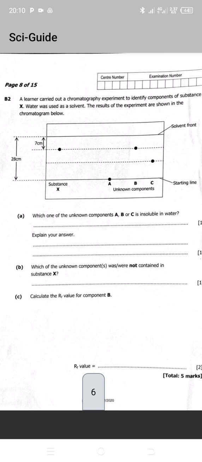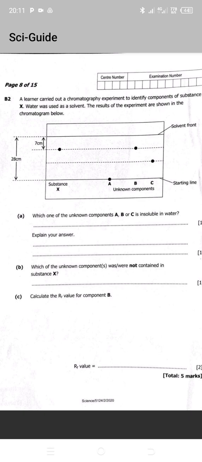So you can write that formula. To get the distance moved by the spot for component B, we need to know this distance from the starting line up to B, because that is how far component B has moved. Now, how are we going to get that figure?